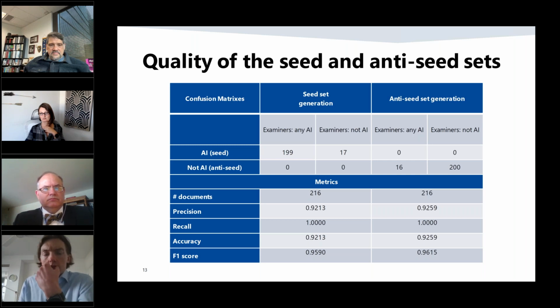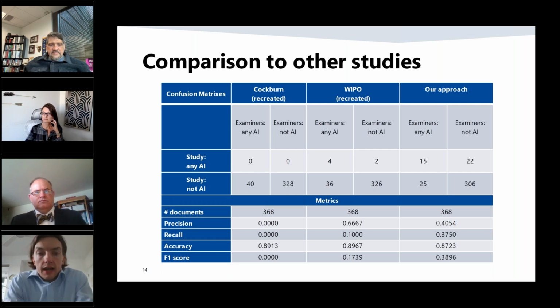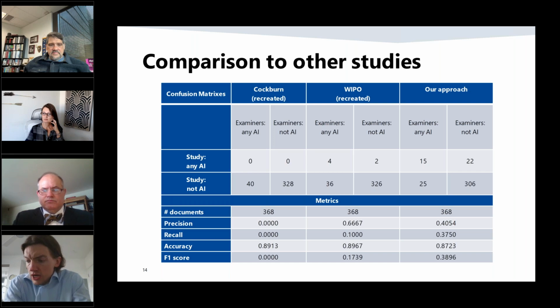So we did a comparison with other studies. There are two other ones that we pulled out. One is Ian Coburn and Scott Stern. They had a book chapter where they looked at trends in AI patent documents, for example. They had a very, very narrow approach to identifying AI.